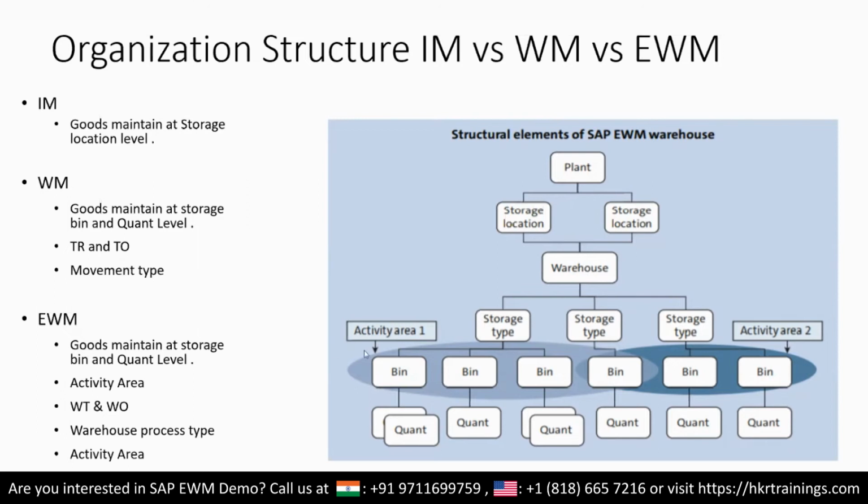In that case, the system, based on the goods receipt date and time, will pick those materials first. Those goods receipt date and time are stored in the quant in the WM. So that's why we are using quants also.